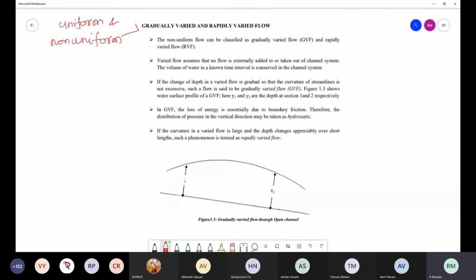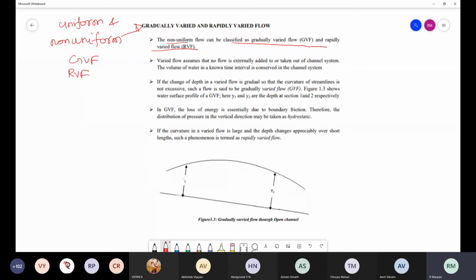Under non-uniform, again I can classify this into gradually varied flow and rapidly varied flow. So non-uniform flow can be classified into gradually varied flow and rapidly varied flow. So what do you mean by that?